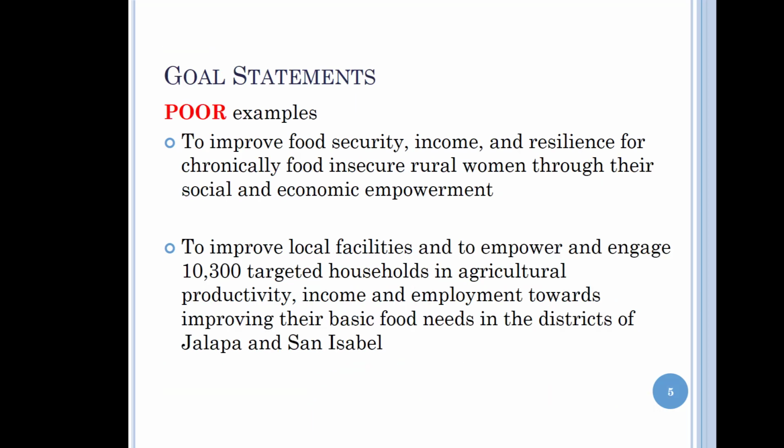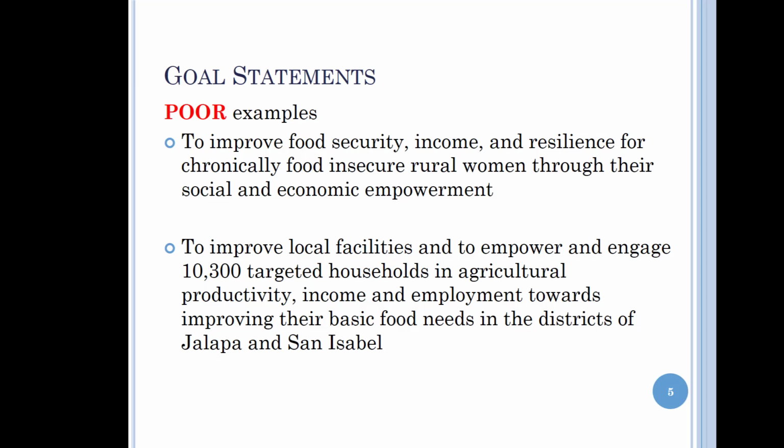Take a look at these goal statements. There are some pitfalls that you have to understand. These are two poor examples of how goals should not be formulated. What is wrong with the first goal statement? To improve food security, income, and resilience for chronically food insecure rural women through their social and economic empowerment. There are several things wrong here.